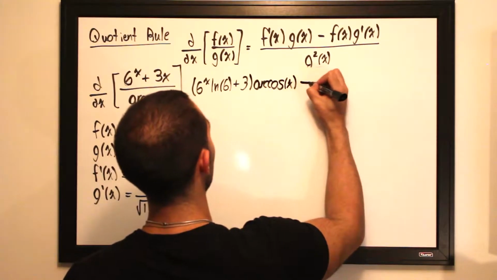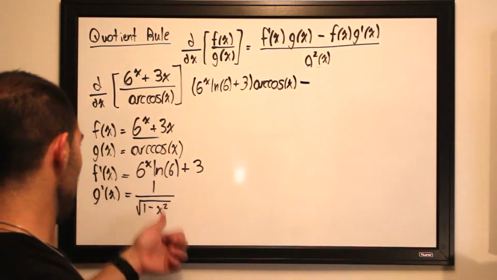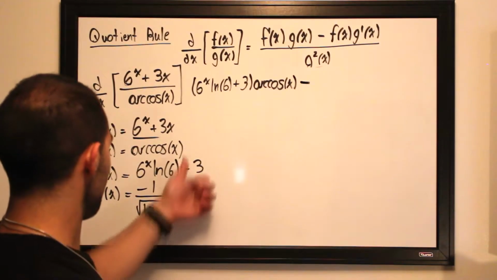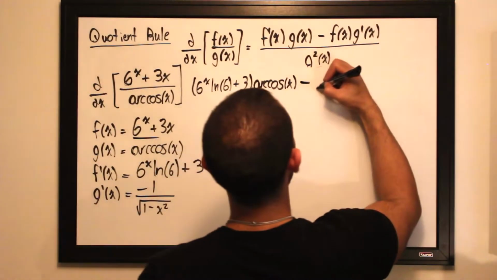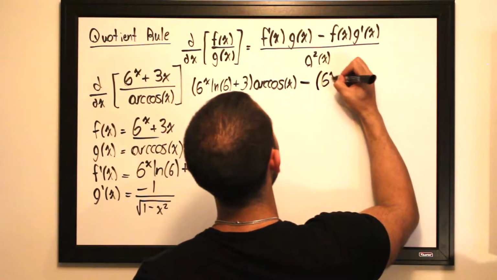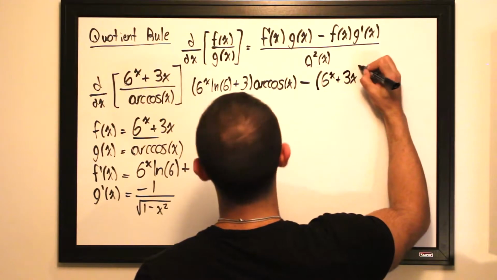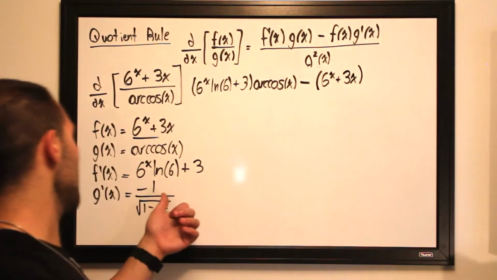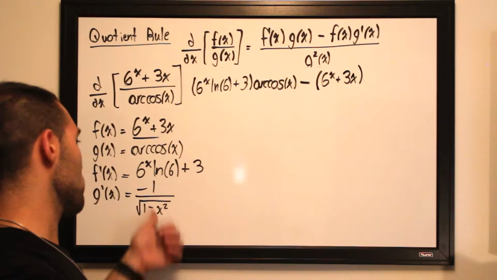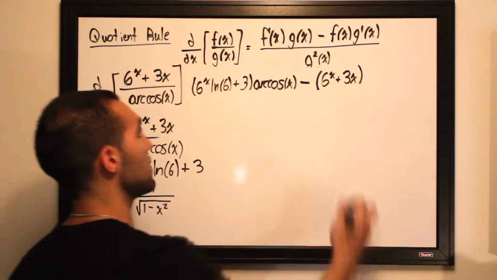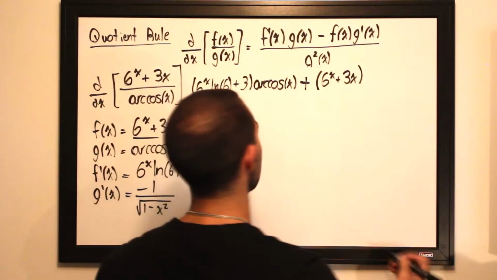Then we will subtract off f times g prime. There's a negative sign out in front over here. It will be subtract off 6 to the x plus 3x multiplied by negative 1 over the square root of 1 minus x squared. Since we have two negatives, these will cancel each other out and leave us with a positive.